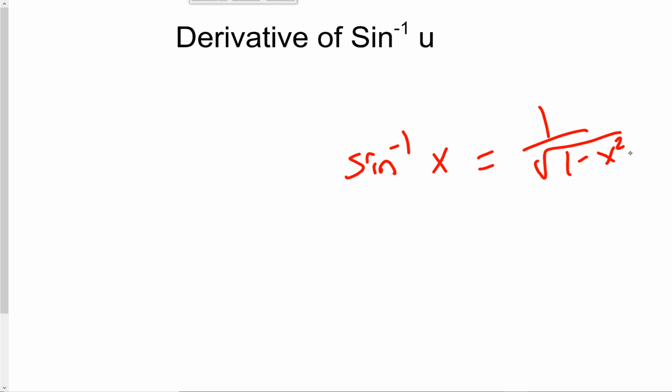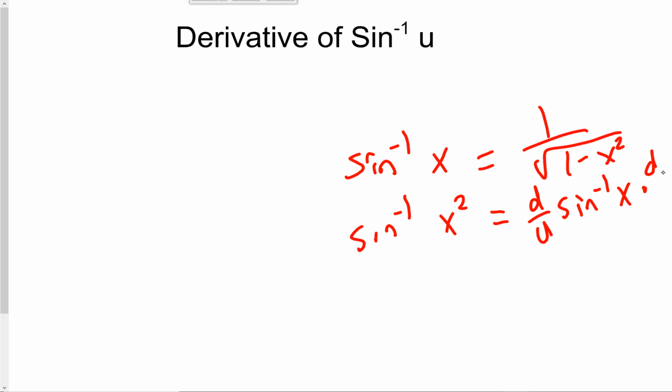Now the problem is if this is not x, so if that was a sine inverse of x squared, that's going to look different, right? Because you've got to do chain rule. So you take the derivative of sine inverse, and then you multiply that by the derivative of the inside.